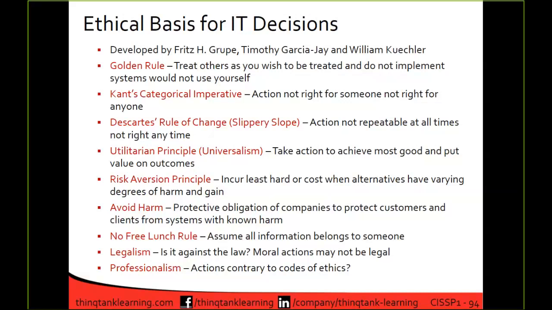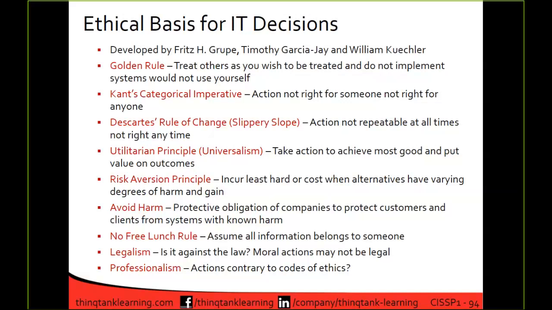The utilitarian principle, universalism: take action to achieve the most good and put values on those outcomes, where the ends actually do, in this case, justify the means. The risk aversion principle: incur least harm or cost when alternatives have varying degrees of harm or gain.